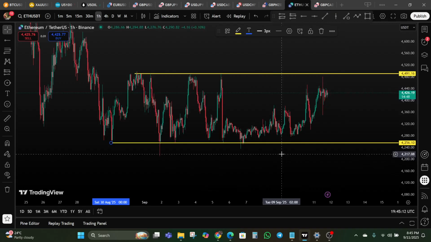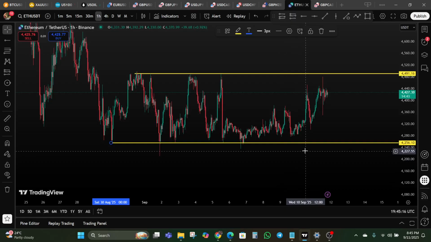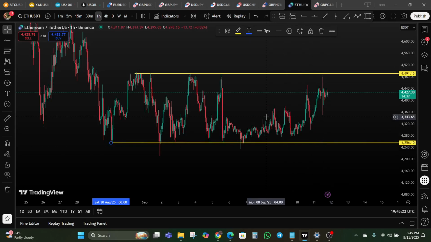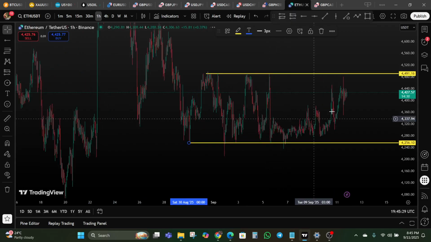Now, in crypto, you will often notice price gravitating toward these areas because institutions use them to fill large positions. So, when you see liquidity building, it's a clue that the market may be preparing for a significant move.